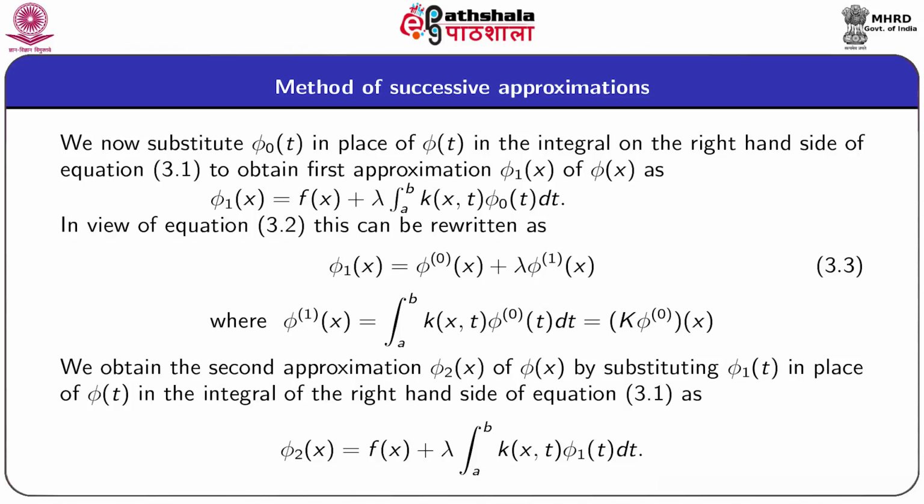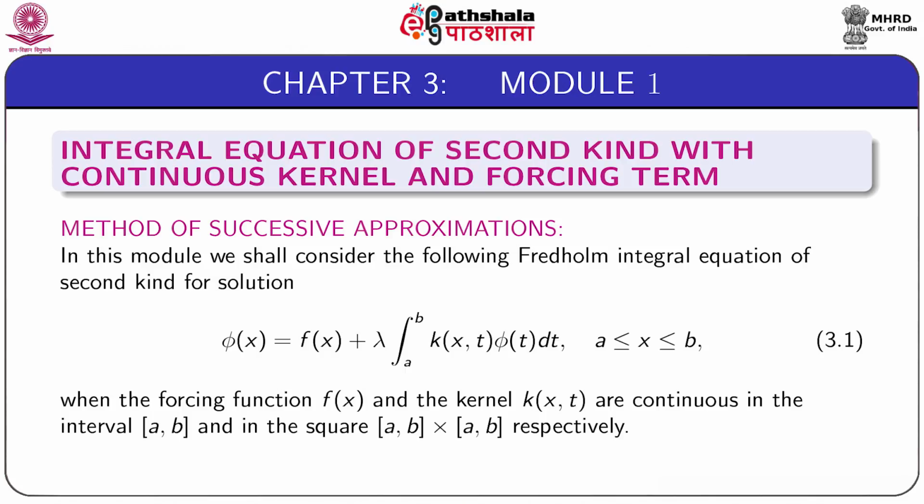We now substitute phi naught t, that is the 0th approximation, in the integral of equation 3.1, which is on the right hand side.